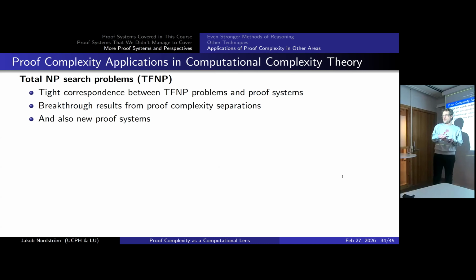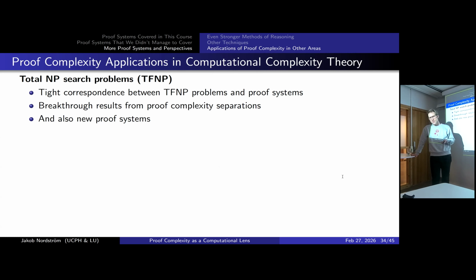For instance, this separation result that I talked about that separates resolution and Sherali-Adams with unary coefficients, I think is basically a TFNP result. Okay, that has some consequence over there that I don't know off the top of my head.